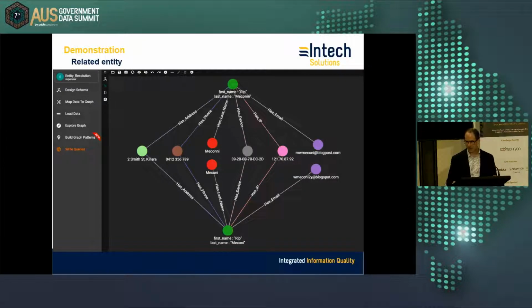And you can see they share an address, they share a mobile phone number, they share an IP address and a device number, meaning they use the same phone. But each record is using a different email, and each record has a slightly different spelt surname.